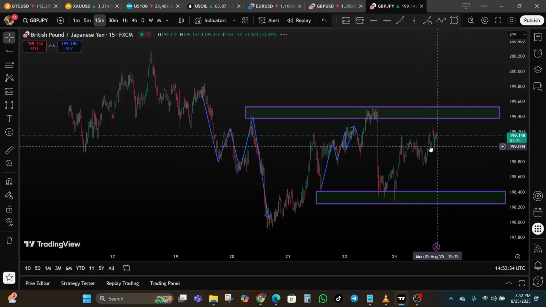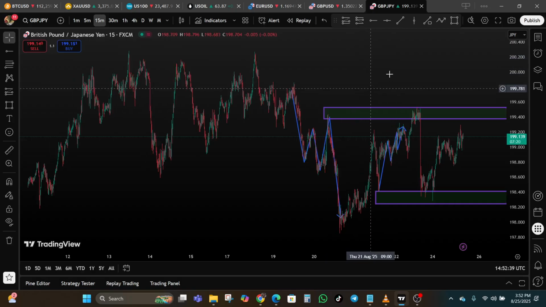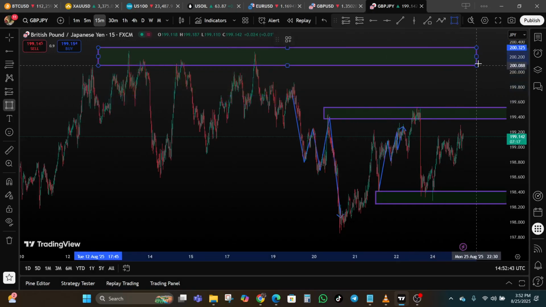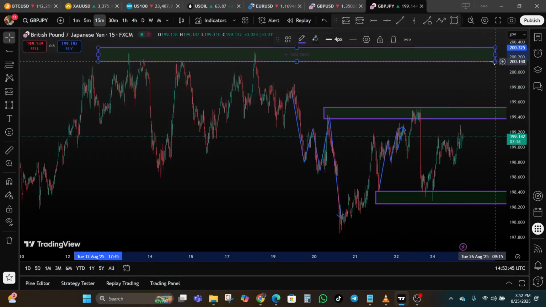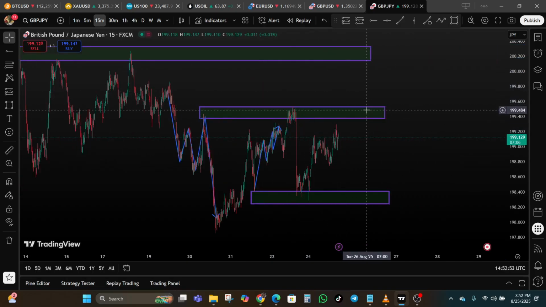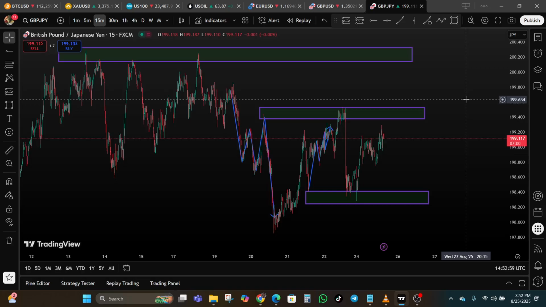When price approaches a level, you already know it's a potential decision area, right? So either for a bounce, a break, or a reversal. But the key here is patience. All right. Let the price react before deciding.